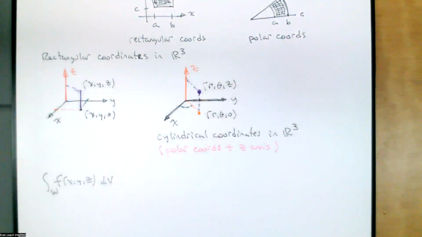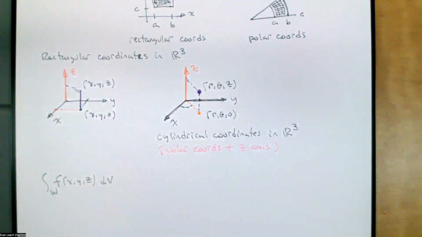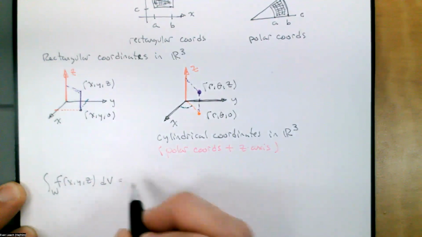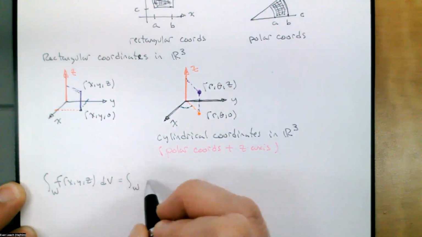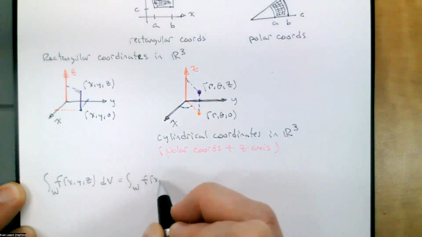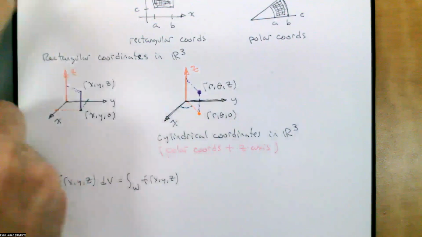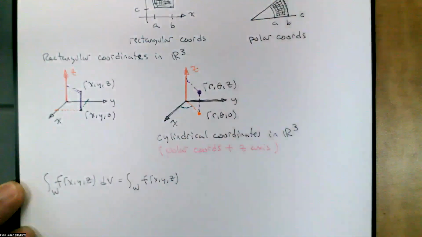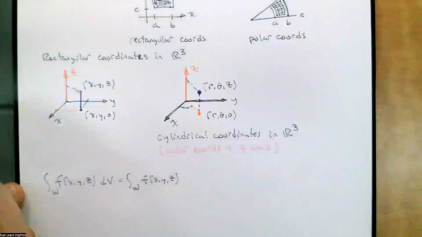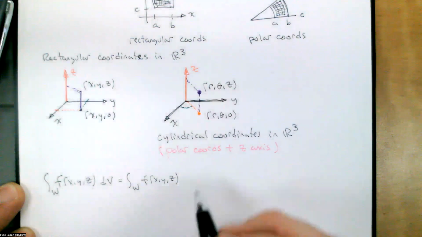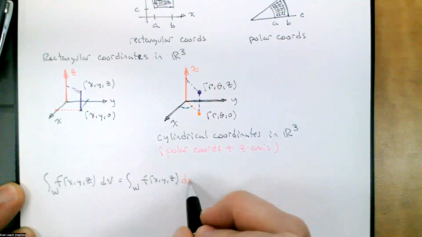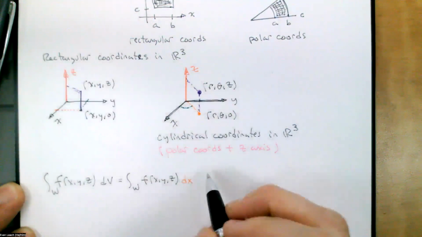Now, dV is some small piece of volume, some small chunk of W. It's like a little cube in W. If we make a triple integral in rectangular coordinates, then we can break the dV up as a dx, a dy, and a dz.